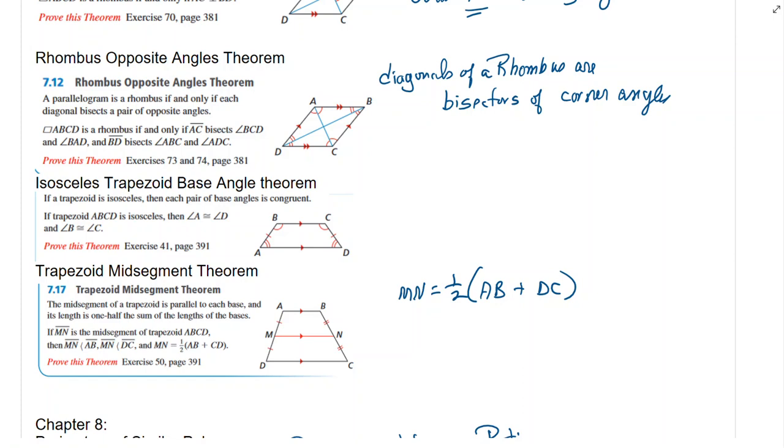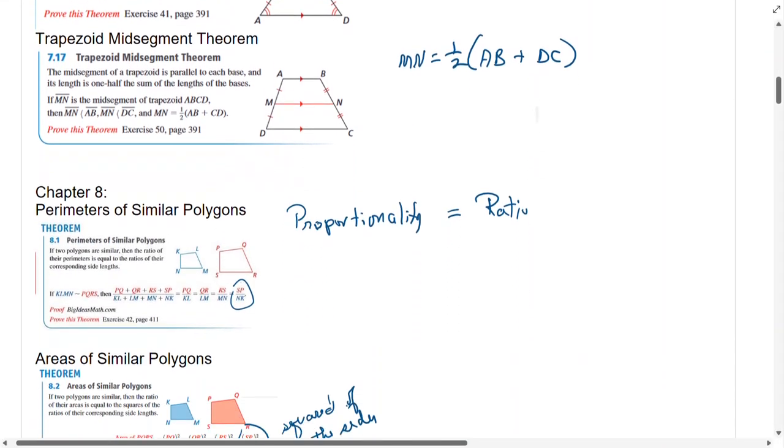The trapezoid mid-segment theorem is one for computation. It says that if we have a mid-segment that bisects both of the sides of that trapezoid, then the mid-segment is the average of the two parallel lines.